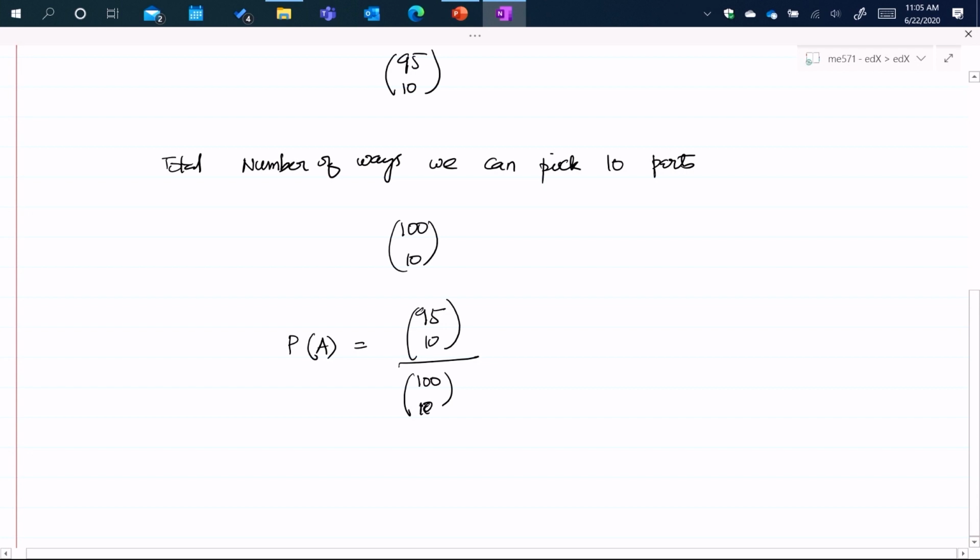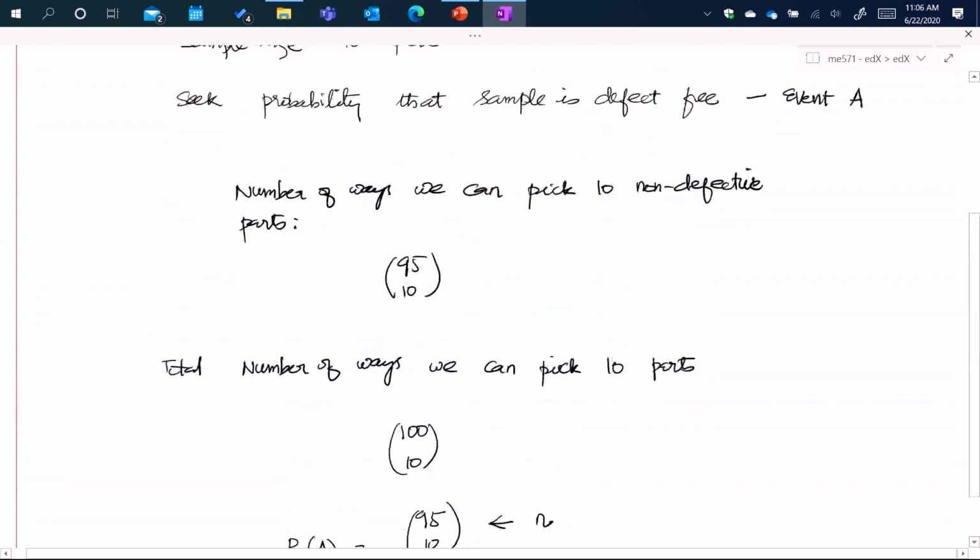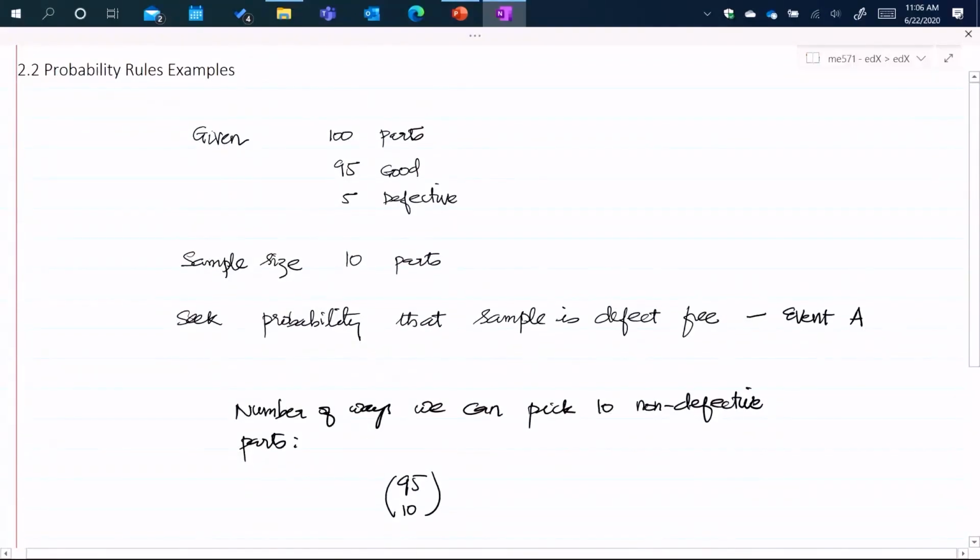We are counting the number of ways event A can occur divided by the total number of ways in which an event can occur. So this would correspond to capital N in our definition, and this will correspond to little n in our definition. This is example 1, so I should put example 1 here.